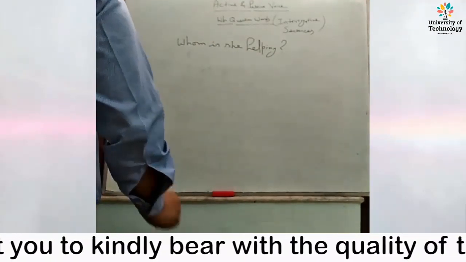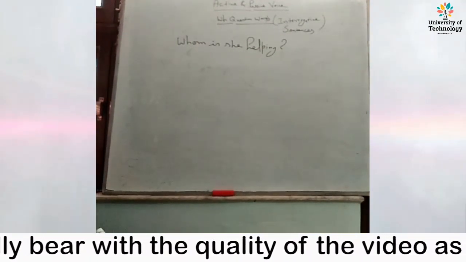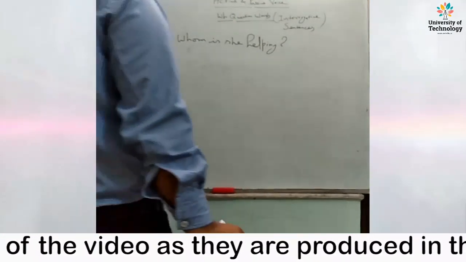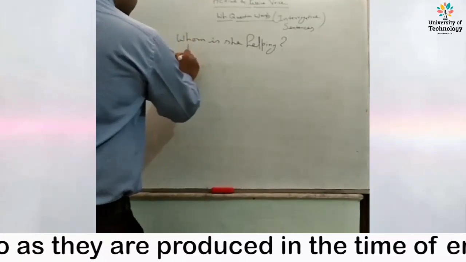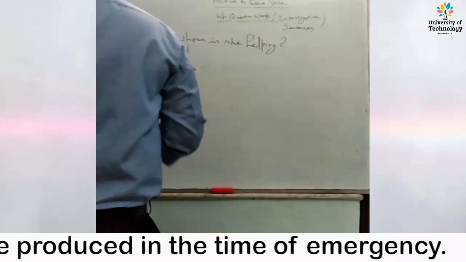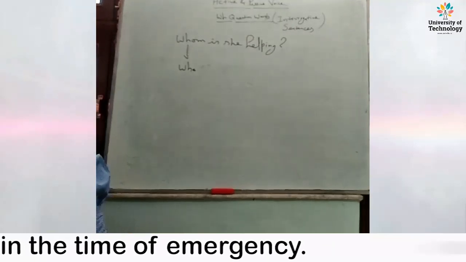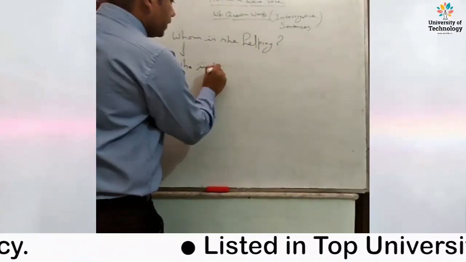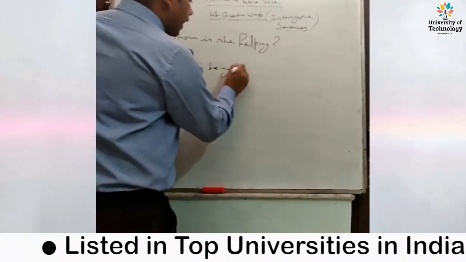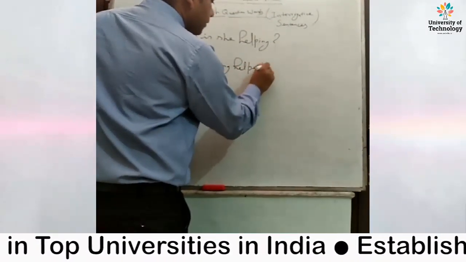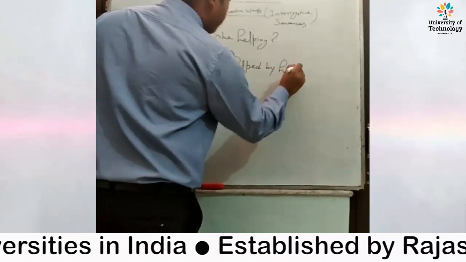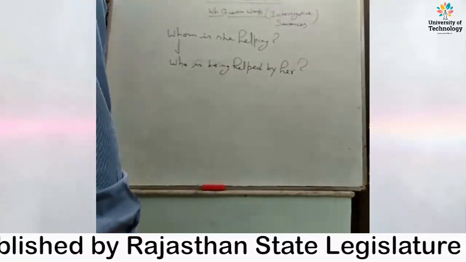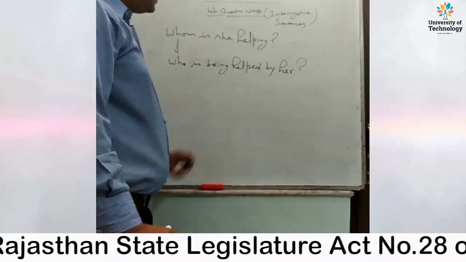An active voice sentence that starts with whom will convert to who. So, who is being helped by her? Whom is she helping? Who is being helped by her?